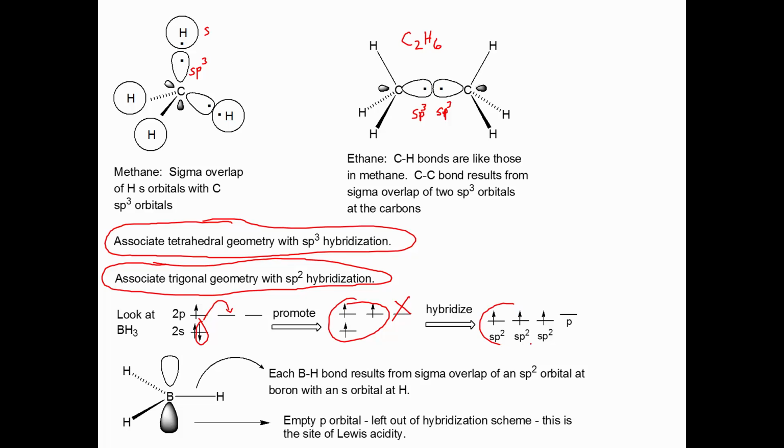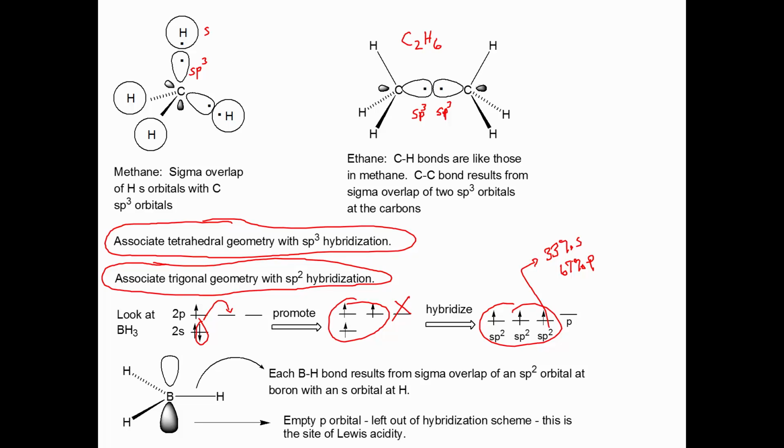Each of these orbitals has a slightly higher s character, but the same general shape as an sp3 orbital, with a little bit different relative size of the left and right lobe. This is 33% s and 67% p.